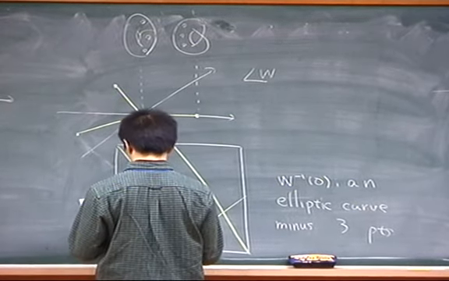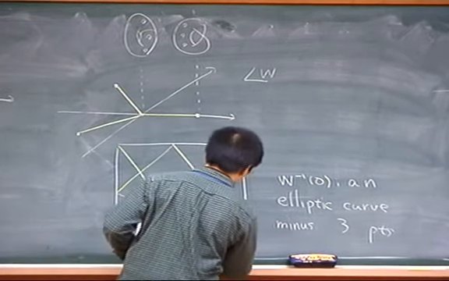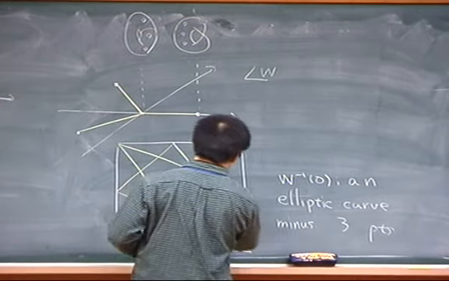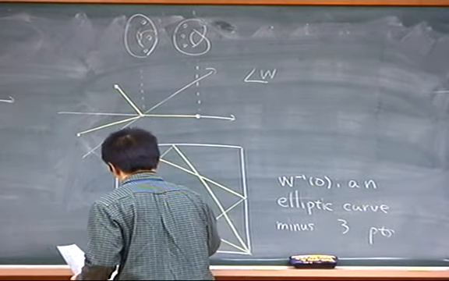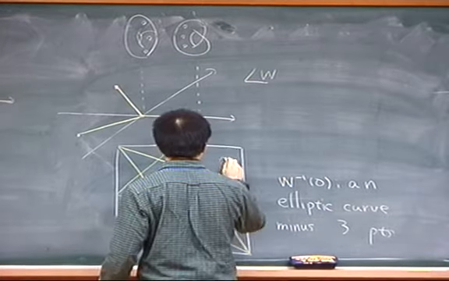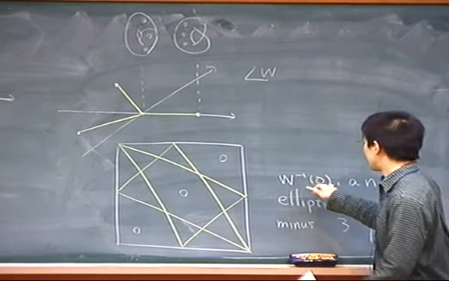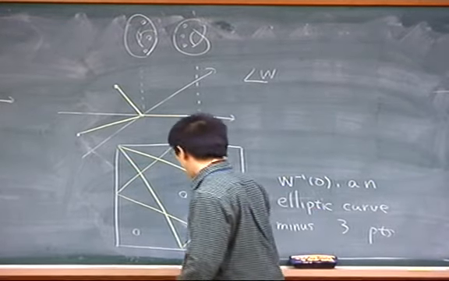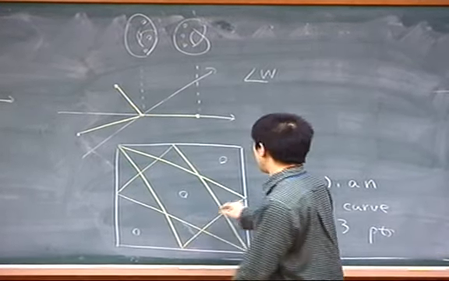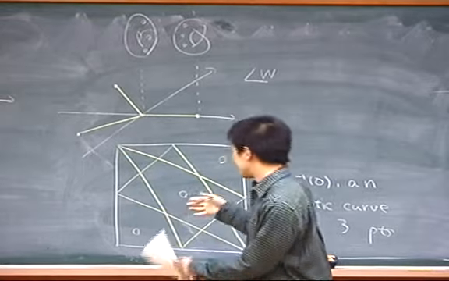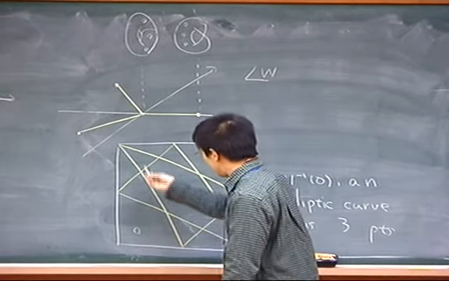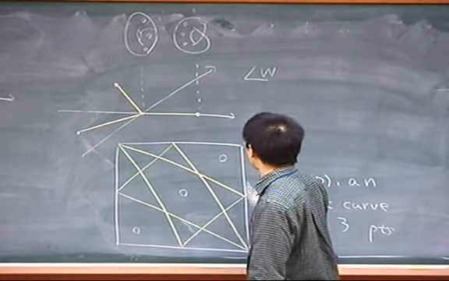So these 3 points are the points missing from W inverse 0, and these 3 lines are vanishing cycles, which are S1 on this torus.